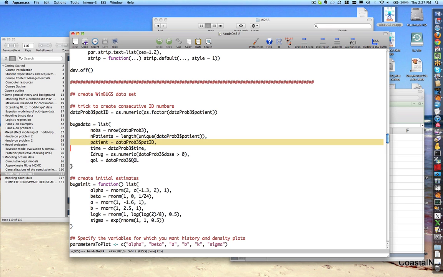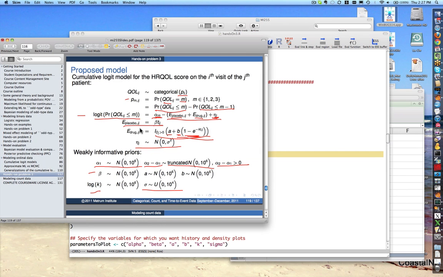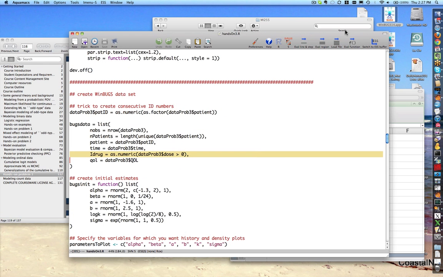Then we need our patient identifier and our time. One of the things we're going to want to be able to do, let me point this out: notice here I've got what I wrote as an indicator variable for dose being greater than 0. Essentially that means whether or not they're on placebo or drug in this case, and I also included such an indicator right here in this line.